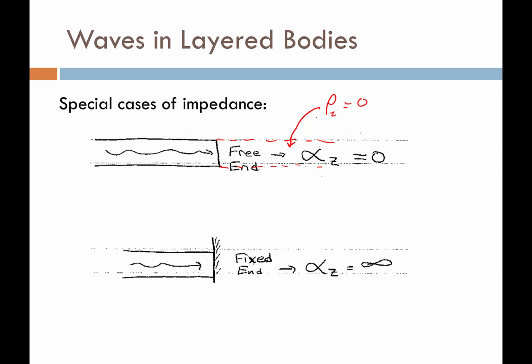Okay, so if I plug this in here, and I solve for my impedance ratio for this material, where my mass of my fictional bar is equal to 0, my impedance ratio goes to 0.